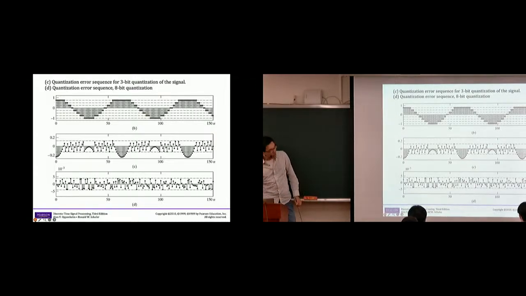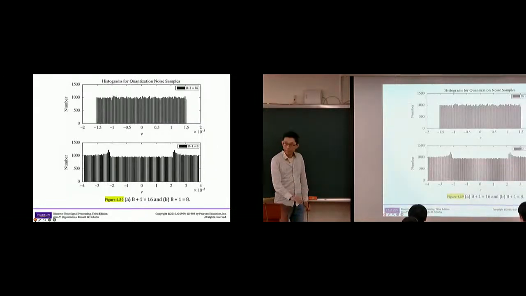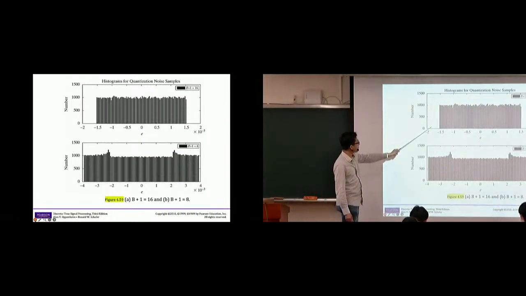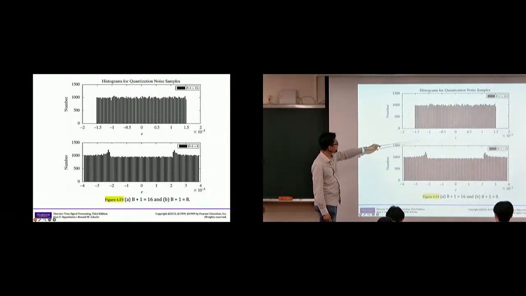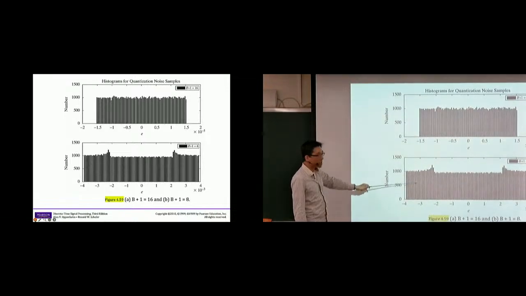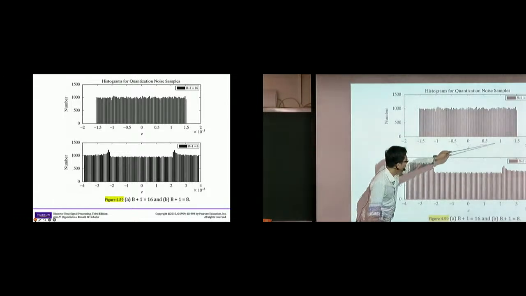There are at least two different notions I can share with you. One is the distribution. For the approximation error, you create this kind of plot using bars. This is the example of having 16 bits versus 8 bits. The way we read it, this is the range of error.